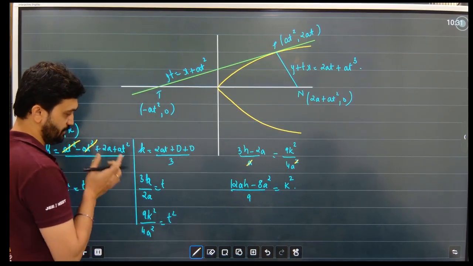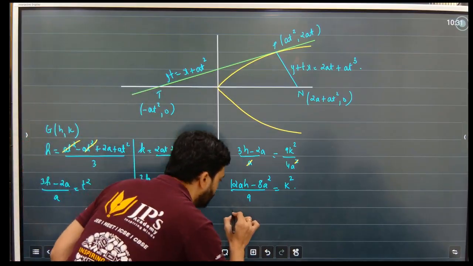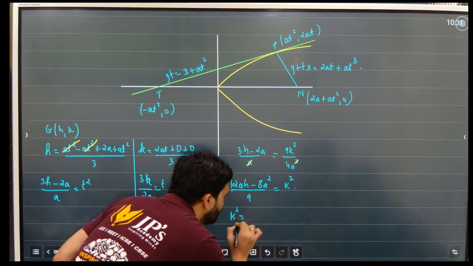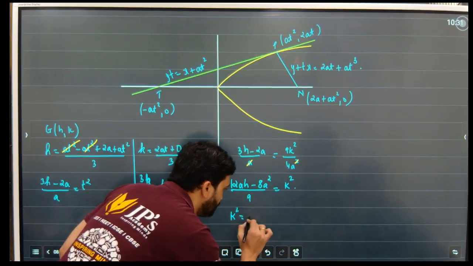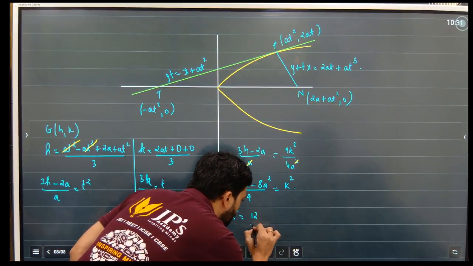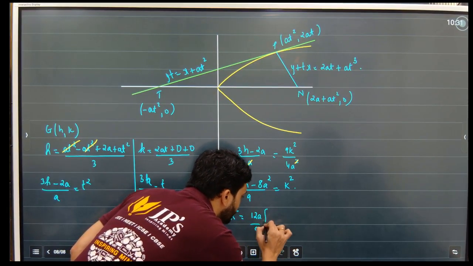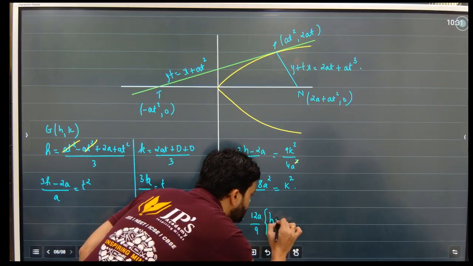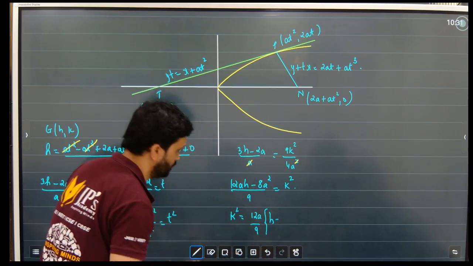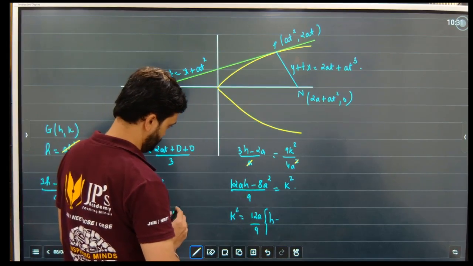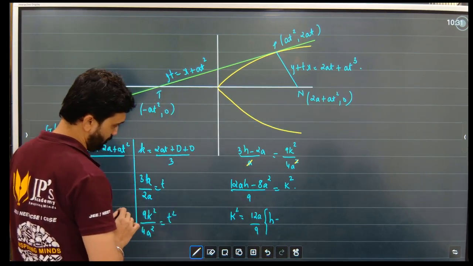So lastly, k² = 12a/9 outside. I will get h minus, okay, 12 came common.